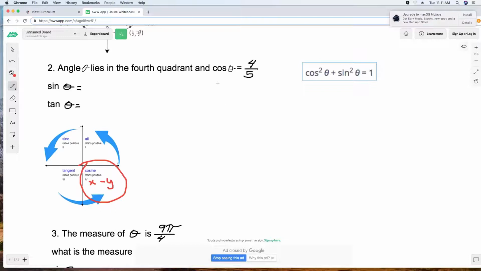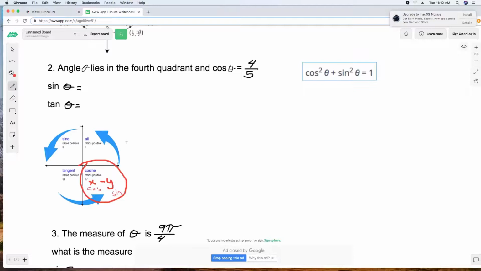In the lesson, they tell you that x is the same as the cosine of the function, and y is the same thing as the sine. If you have any more questions about this, please let us know. We'll make extra time, maybe another day, to go over this. But this is basically using trigonometric ratios, or SOHCAHTOA, to conclude that x is the same as cosine of an angle, and y is the same as the sine of an angle.